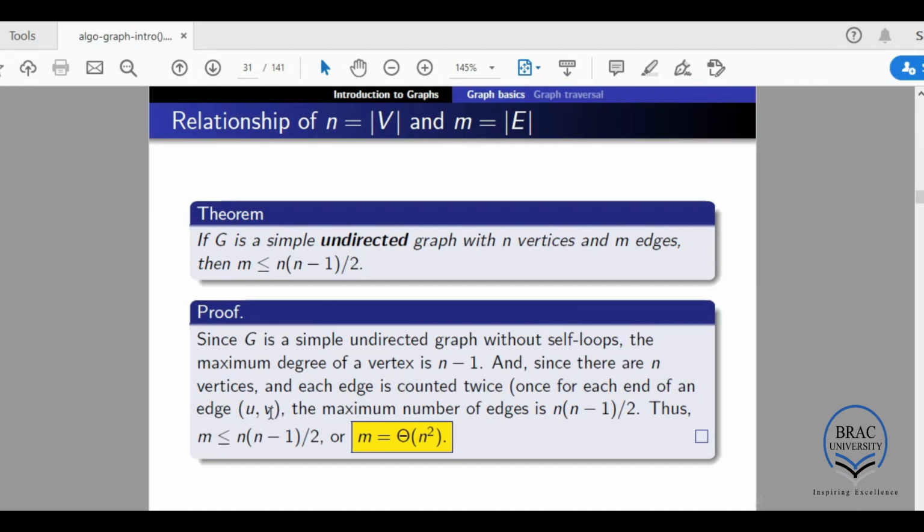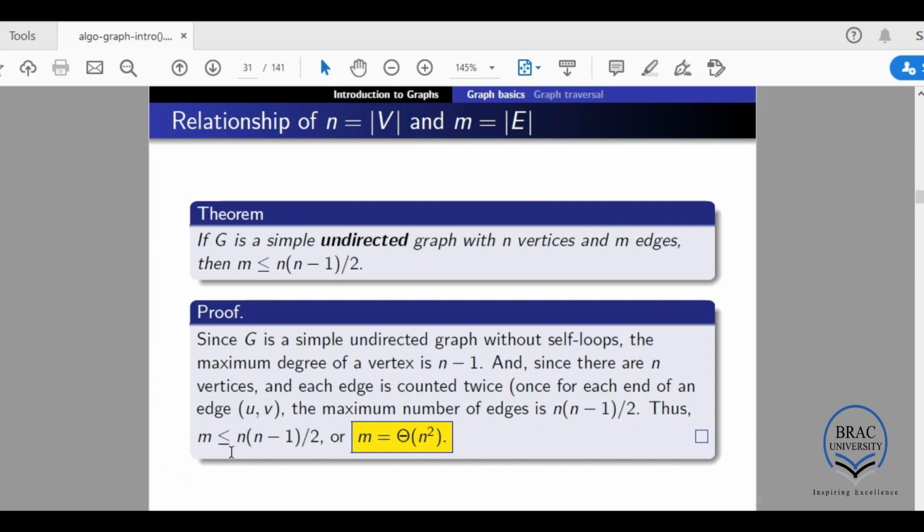This explanation is also given in words. You can read it yourself, and it's quite self-explanatory. Since G is a simple undirected graph without self-loops, the maximum degree of a vertex is n minus 1. And since there are n vertices and each edge is counted twice, once for each end of an edge uv, the maximum number of edges is n into n minus 1 by 2.